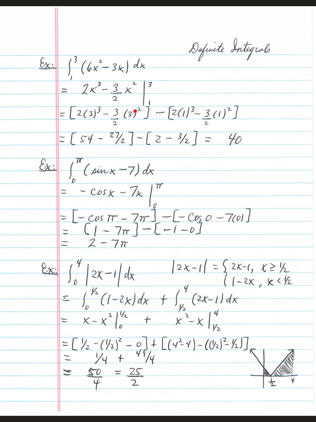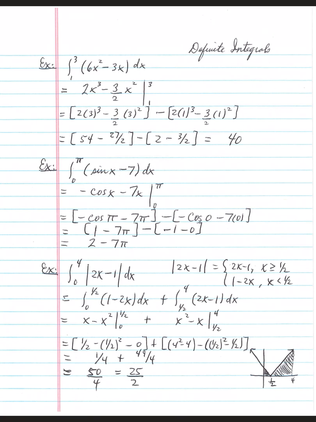Carefully calculate. 3 cubed, that's 27 times 2 is 54. 9 times 3 is 27 halves. 2 times 1 cubed, that's 2. Minus 3/2 times 1, minus 3/2. Just be careful typing these into your calculator, and you get 40.